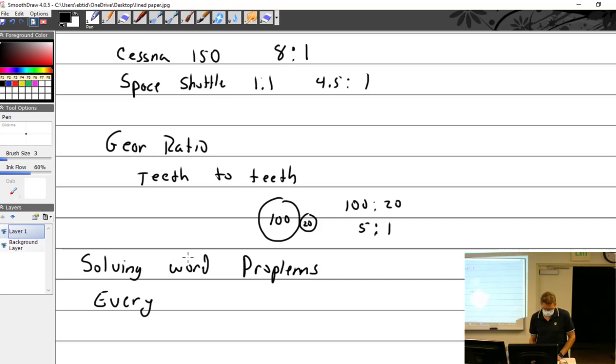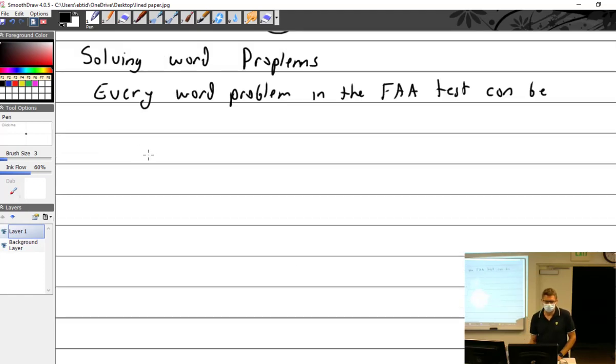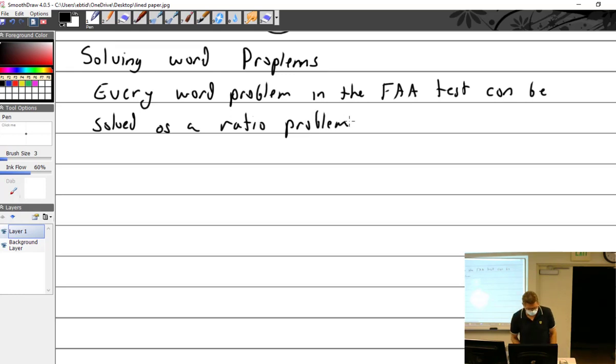Every word problem in the FAA test can be solved as a ratio problem. So in other words, take any word problem they give you, set it up as a ratio, the answer is right in front of you.